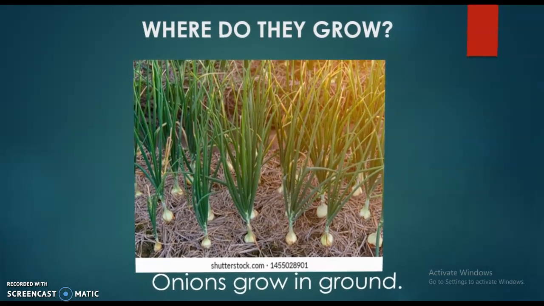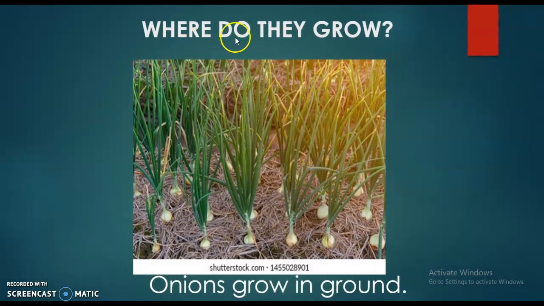So, this is normal. Semua orang tahu. Okay, next. Where do they grow? Di mana mereka tumbuh? Okay, what is this? These are onions. O-N-I-O-N-S. Onions. Bawang.